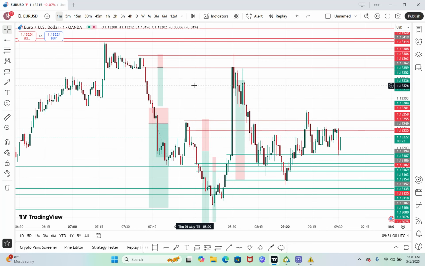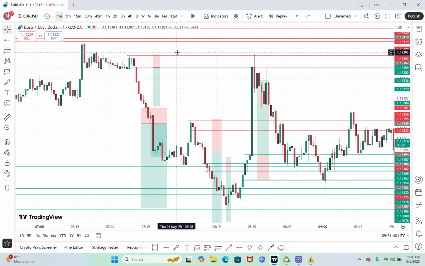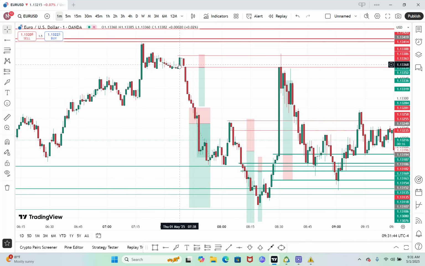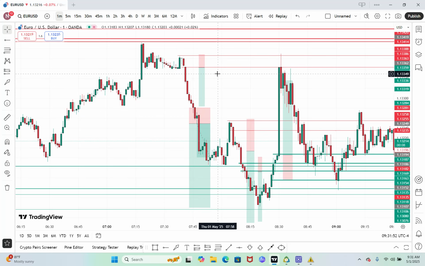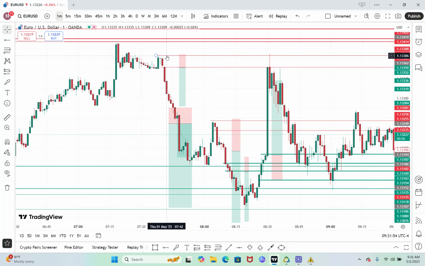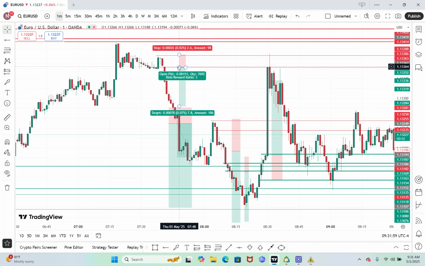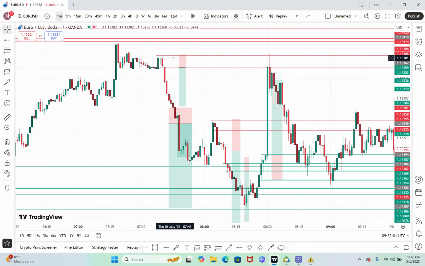Yes, so for this trade, as you can see, our theory was right, but our stop loss was too tight, so the market just stopped us out of this trade. The market clipped our stop.